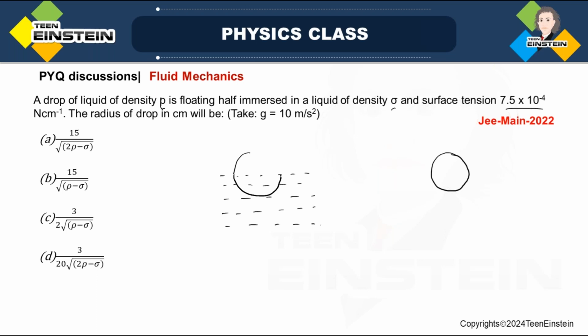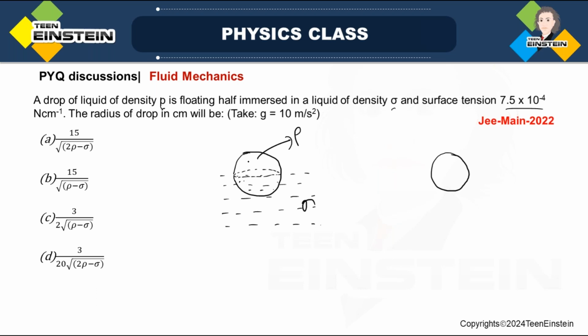So a liquid drop is half immersed. You see, this is immersed under this liquid. This is a liquid drop, typically a spherical one, and half of the drop is immersed in this liquid having density sigma, and this liquid drop has density rho.